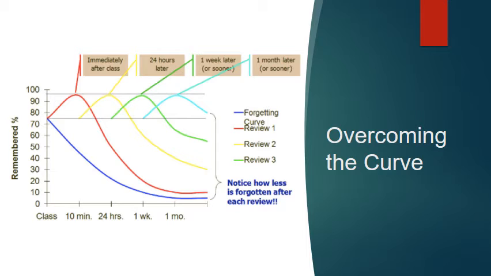So if you review that material right after class, about 10 minutes or whenever, right after class, you then have 100% retention for that time that you're doing it. And if you never come back to it, it similarly will be decaying away close to baseline.